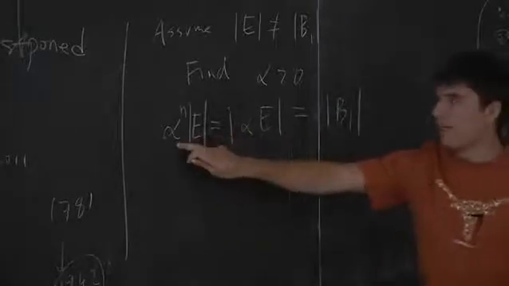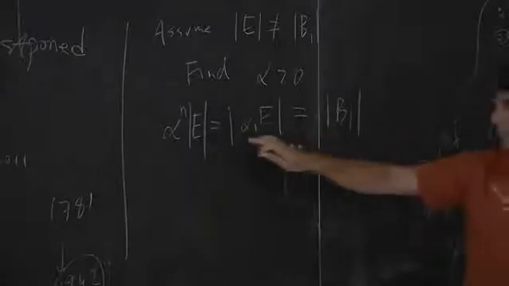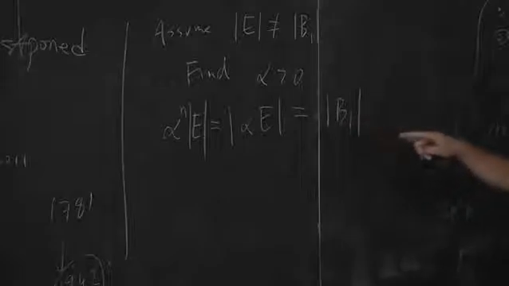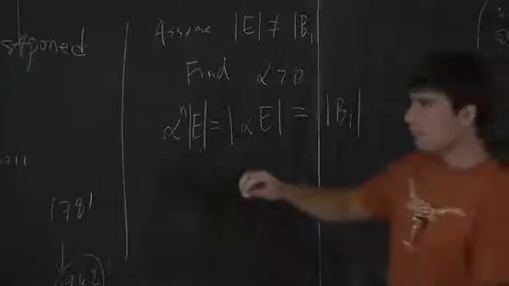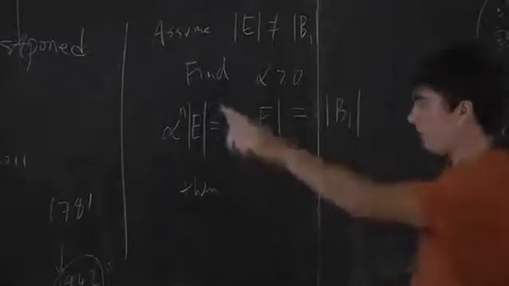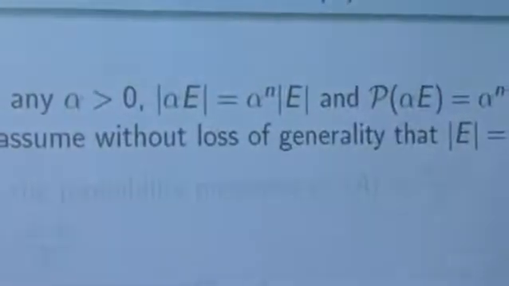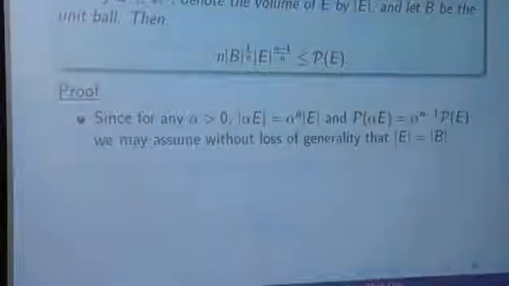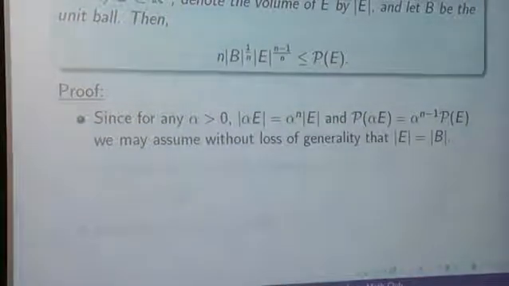So surely we can find alpha so that this statement holds. Alpha is just the volume of B1 over the volume of E, to the 1 over n. Then just plug it in. So we assume that the statement holds when the measure of E is equal to the measure of B1, and we want to prove that in general it then holds as well.